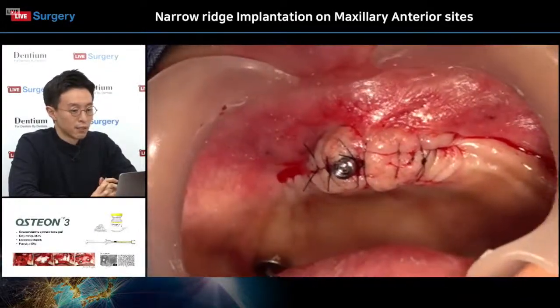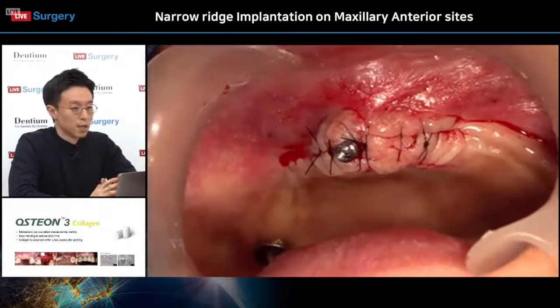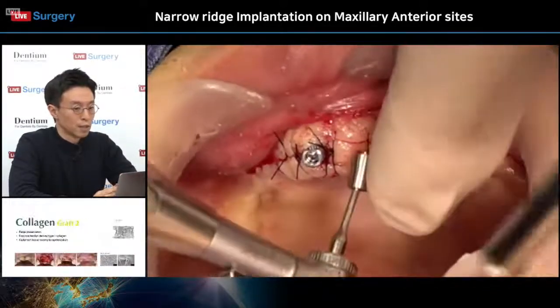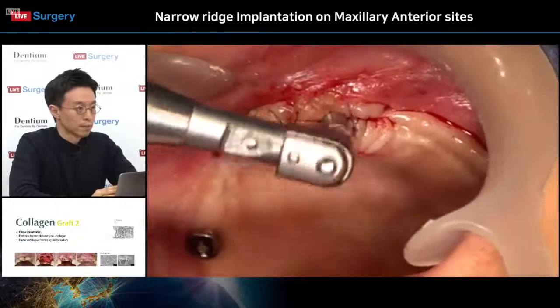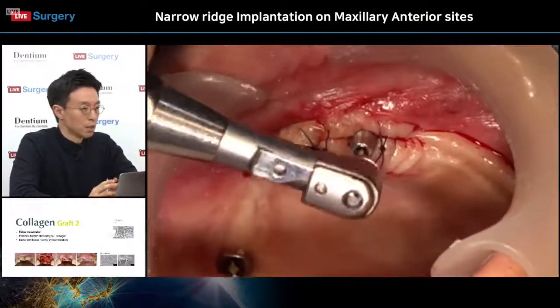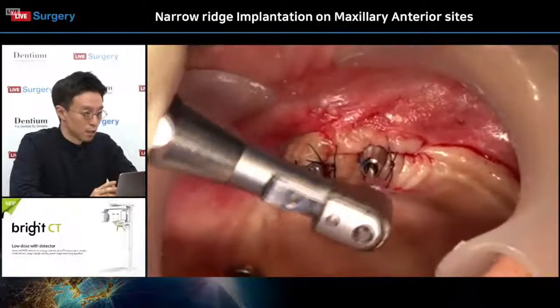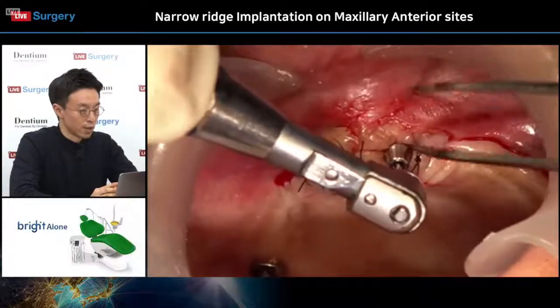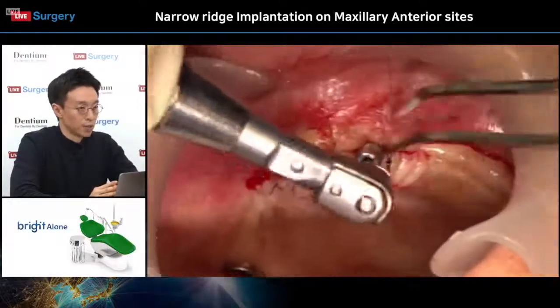Okay, we will receive your question regarding the live surgery, and please do not hesitate to ask a question. He is also changing the mount screw to the scan comfort cap at the left upper incisor.